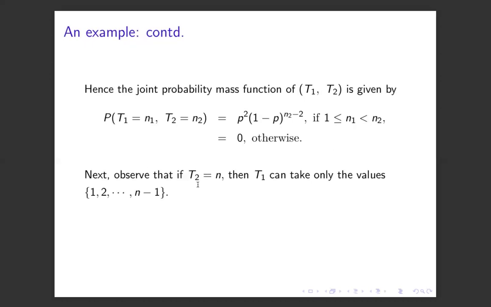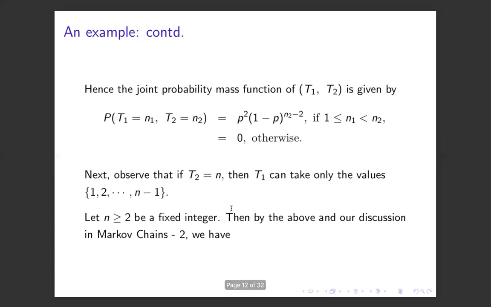So observe that if T2 equal to N, then T1 can take only the values 1, 2, up to N minus 1. And T2 has to be at least 2, so let this N be greater than or equal to 2.